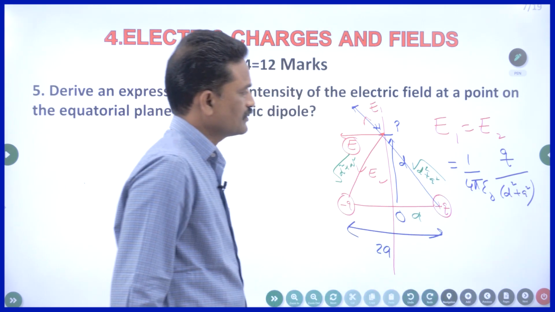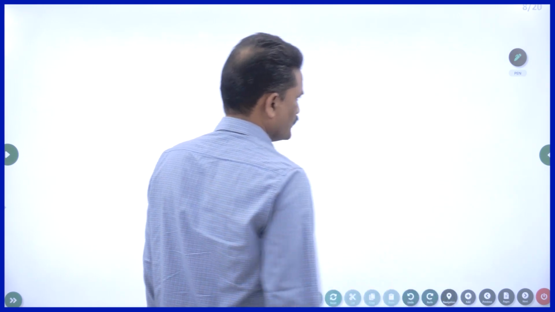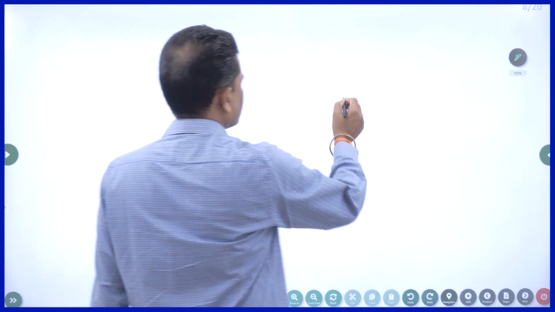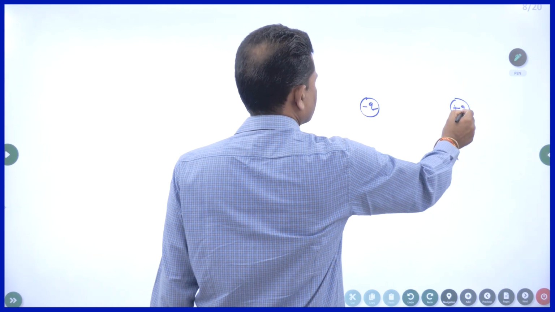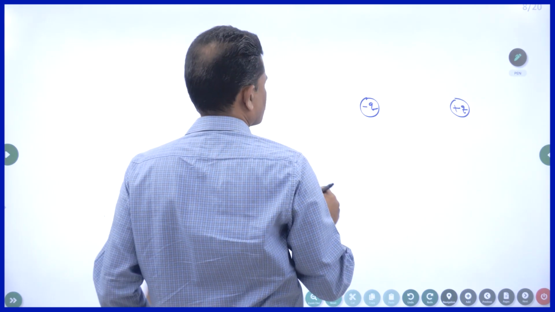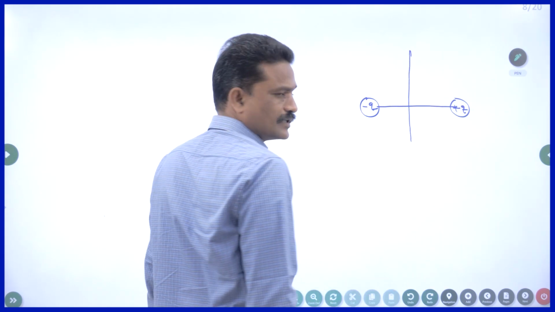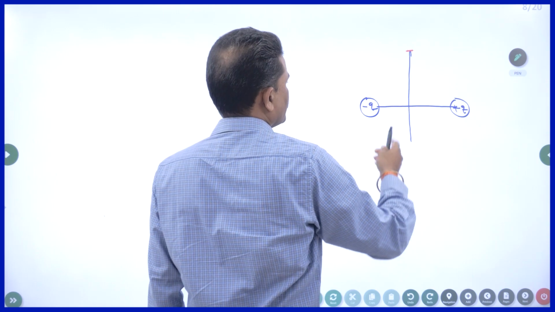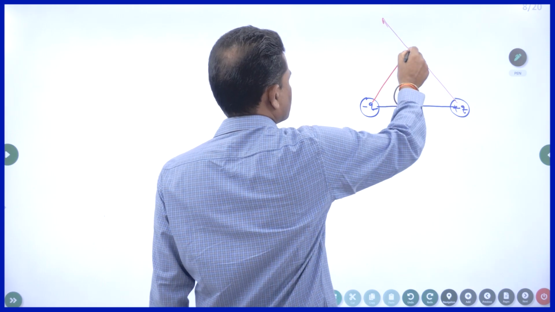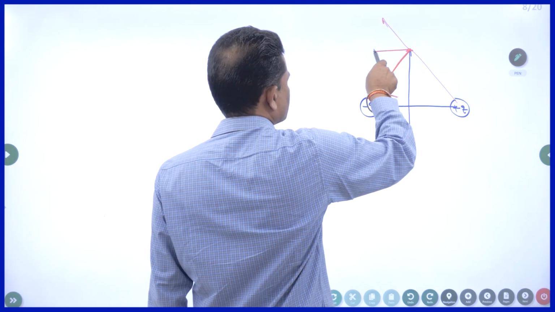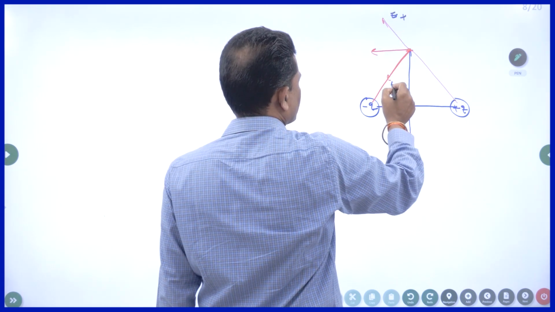Once again I will do it, but roughly I am telling you, right? So we will be doing it in detail. So once again I draw the diagram. This is minus q and plus q. Is this clear? Right. So this is the equatorial line. This is point P. So connect these two. Extend this and extend this. So this is the resultant. So this is E plus and this is E minus.